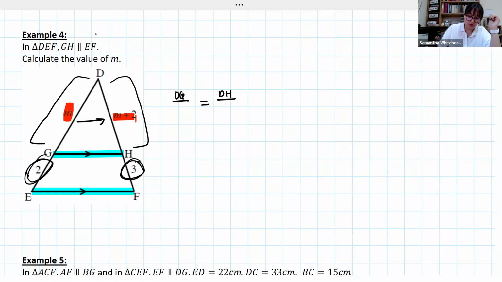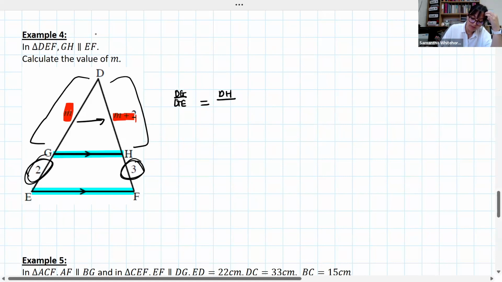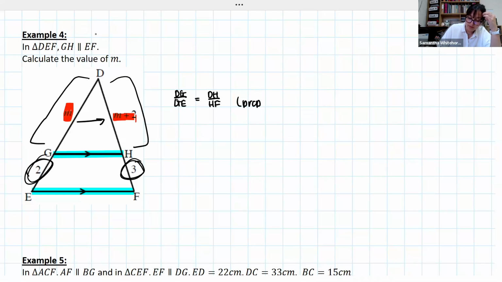I'm going to go DG over GE is equal to DH over that bottom segment on the right, HF. This is all because of my prop theorem. And remember to state your parallel lines, GH parallel to EF. Sorted.